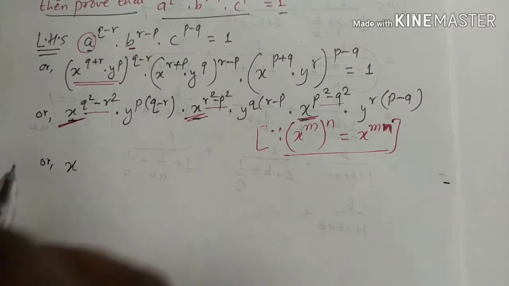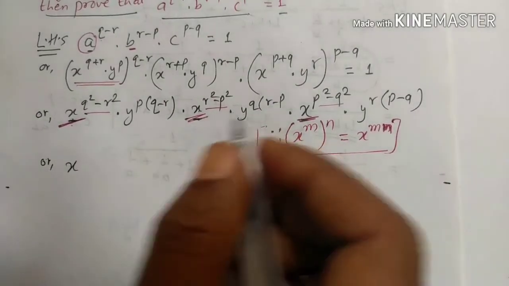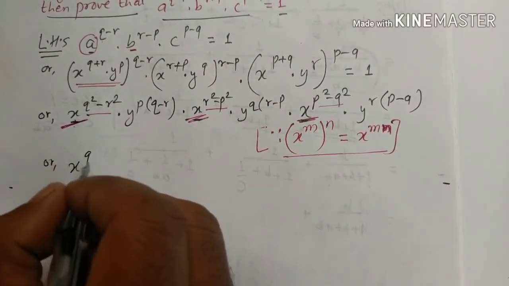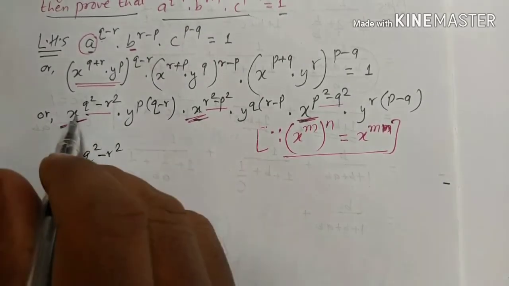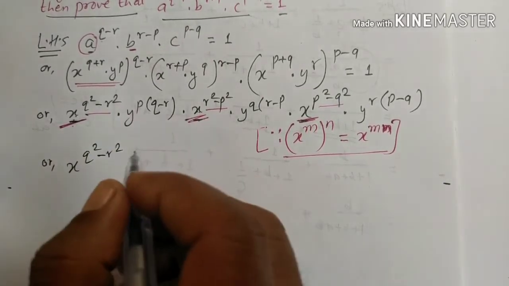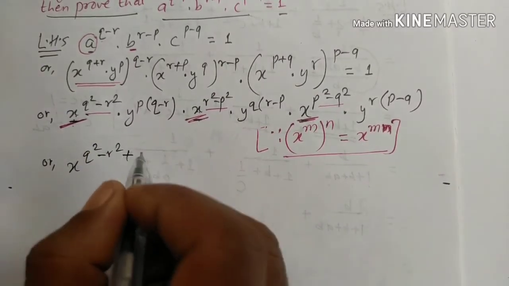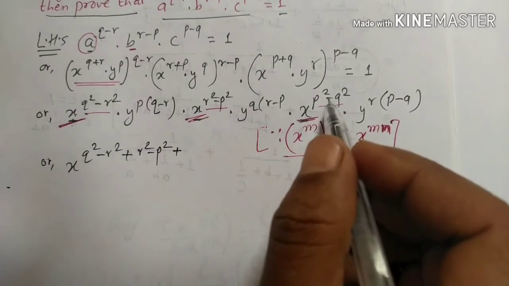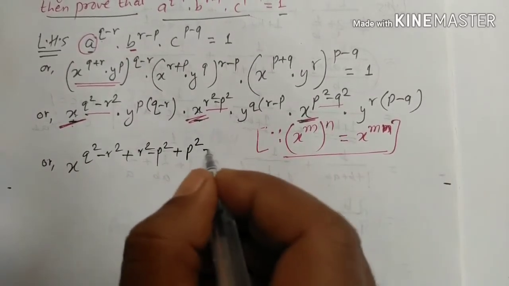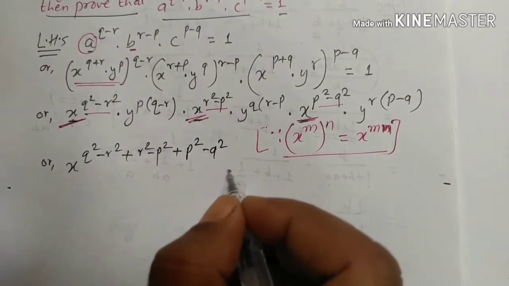Their powers should be added. X is common, but their power is q square minus r square, plus r square minus p square, and again plus p square minus q square.